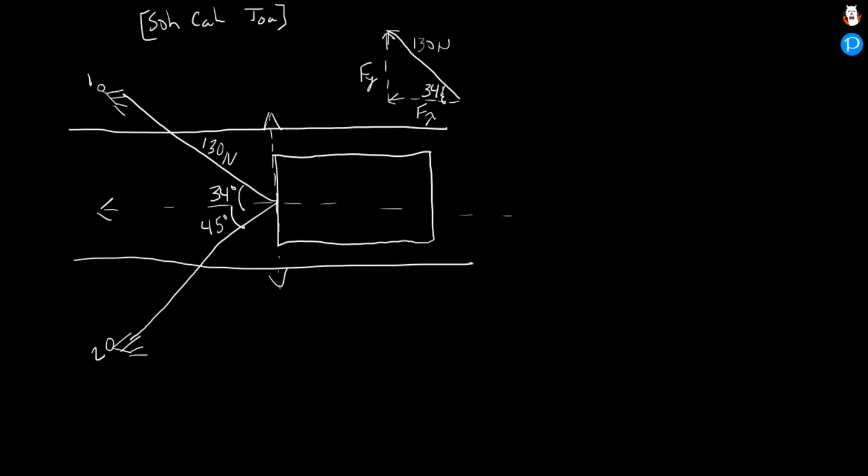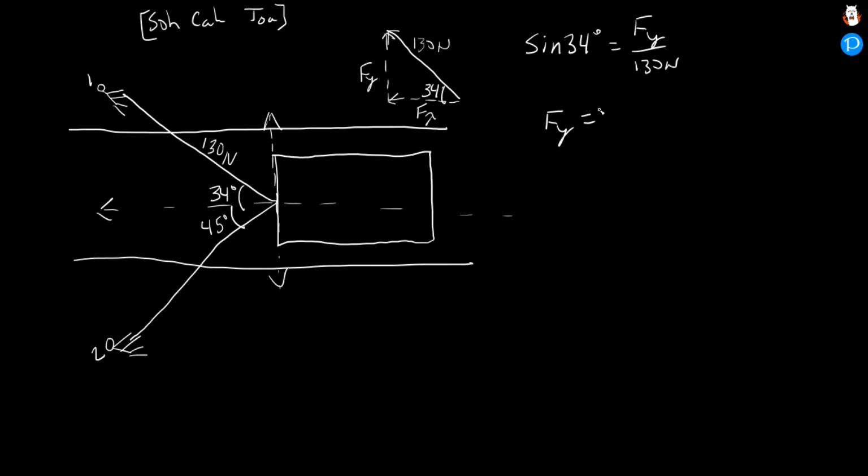So let's look. We're looking at opposite over hypotenuse. So that's going to be the sine function again. So sine of 34 degrees is equal to Fy over 130 newtons. So this is going to be sine of 34 degrees times 130 to figure this out.